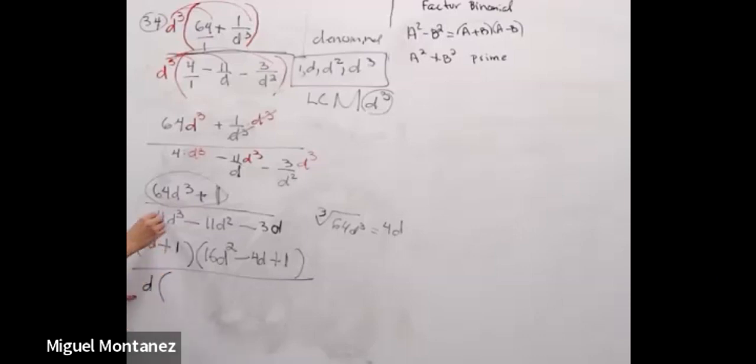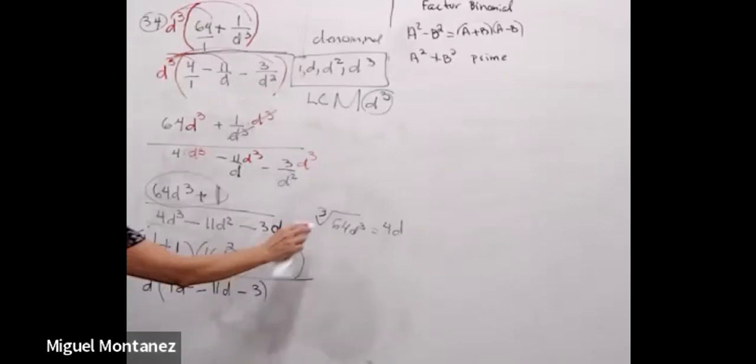We can factor 1D and have a 4D squared minus 11D minus 3. Now we factor this trinomial. How do we factor this trinomial? So we can do the FOIL method, right? Or we can do the AC method.